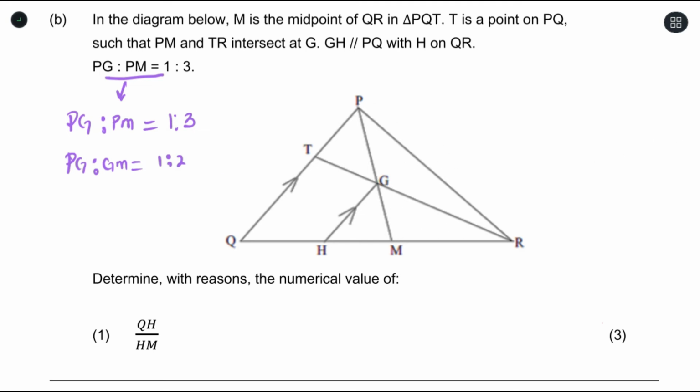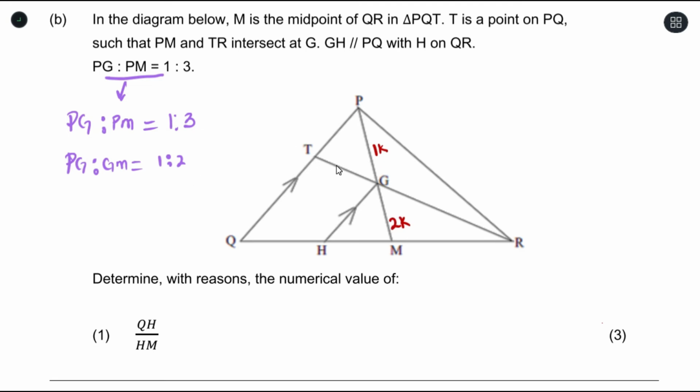So now if we write that in our diagram, we could say that this can be represented as 1K and this here can be represented as 2K.